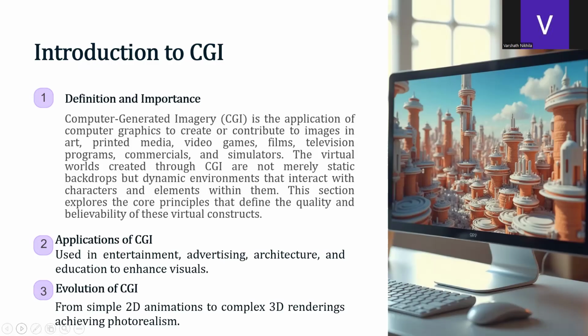Now, the evolution of CGI. The journey of CGI has been nothing short of incredible. Back in the 1980s, CGI consisted of basic wireframes and primitive shapes. But today, it includes lifelike humans, fluid simulations, and photorealistic textures.